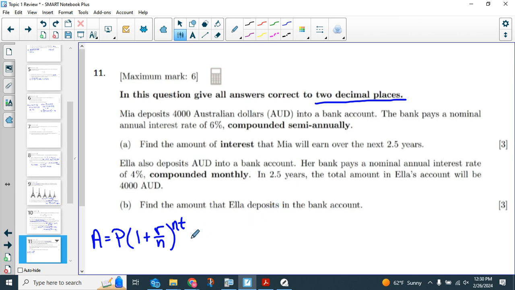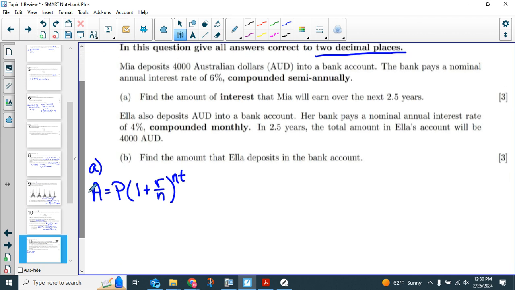So this is my A, my final amount. It will equal my principal amount of 4,000 times 1 plus R, the interest rate, which in this case is a decimal. Remember, if you don't want to put it as a decimal, you can keep that 100 underneath the fraction.